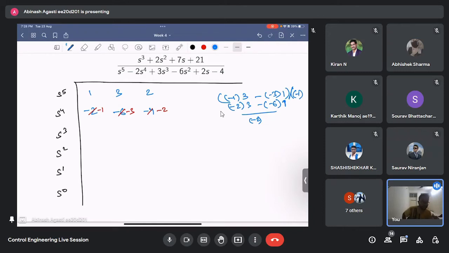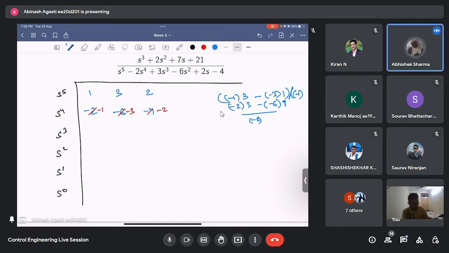So when you do that, you are just scaling the value, but the sign will remain the same. Correct. So what you get here will be some scaled value of what you would have gotten without dividing the 2, but the sign won't change. So for our purposes, we are only concerned with the sign of the terms in the column. So for that, it won't matter much, right? So to ease our computations, what we can do is we can easily divide this row. So now someone help me with finding the values in this S cube row.